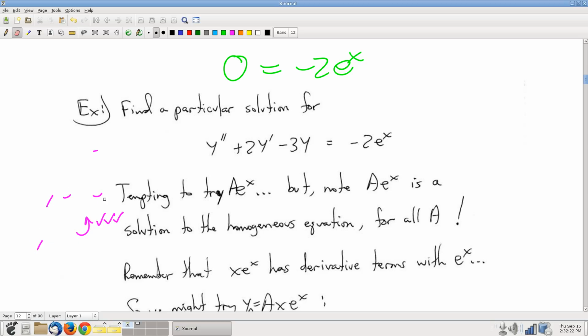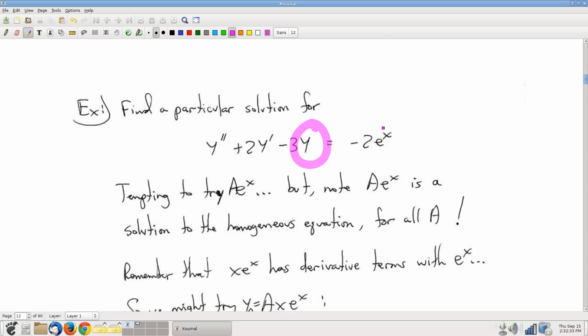All right, so what do we try then? What do we do instead? Keep in mind, what we're really interested in, our real strategy, is to put into here, not necessarily exactly whatever's on the right-hand side, but to put into here something so that either it or its derivatives will create terms that can cancel, that can balance with what's on the right.